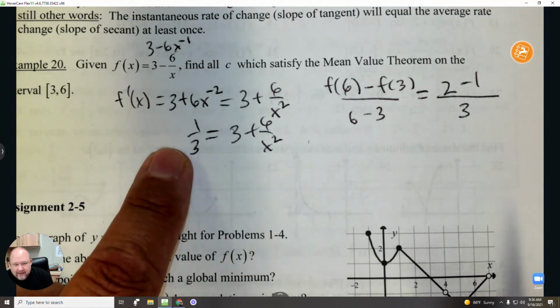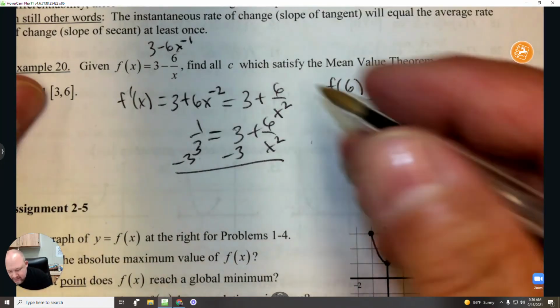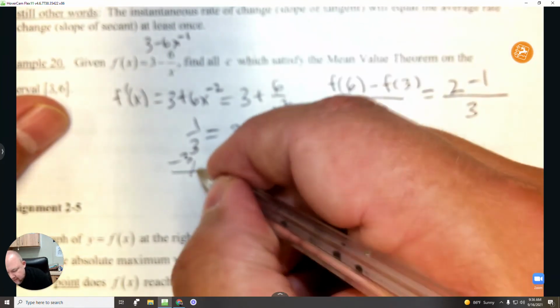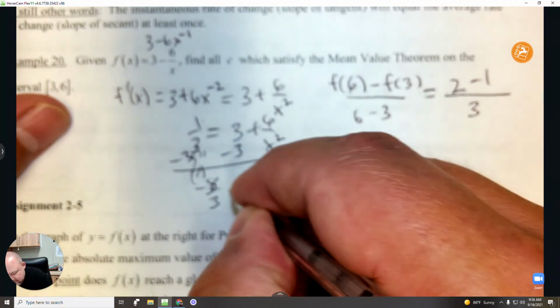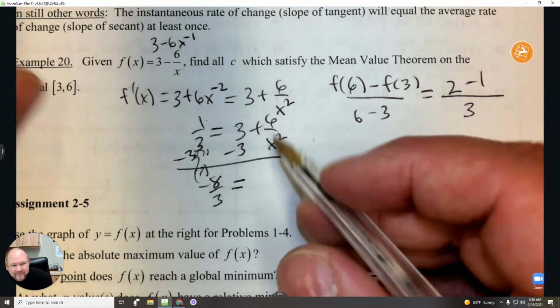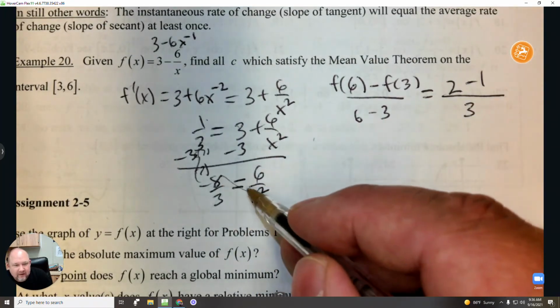So I'll subtract 3. 1/3 subtract 3 is, get common denominators, be easier, right? 3 and 3. So that's -8 over 3. There it is. I'm going to cross multiply here.